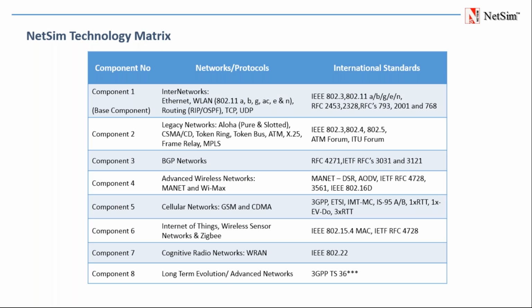Then component 5 is GSM and CDMA, the cellular networks. Component 6 has wireless sensor network and IoT, Internet of Things, with the ZigBee protocol. Component 7 is cognitive radio network, and component 8 has Long-Term Evolution or LTE-Advanced networks, and these have their corresponding international standards available.